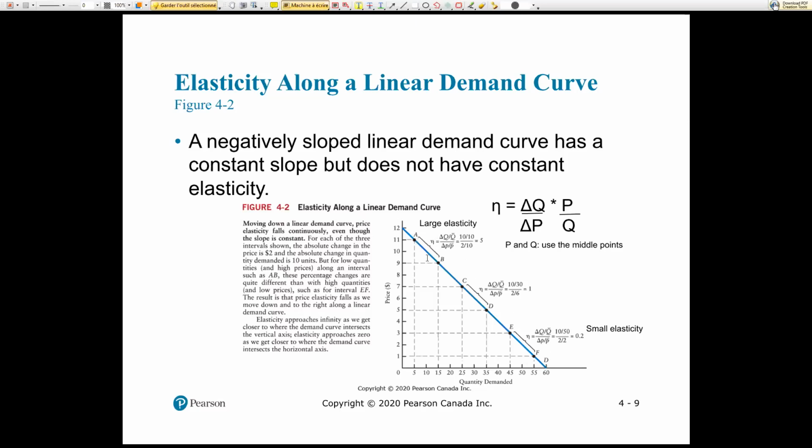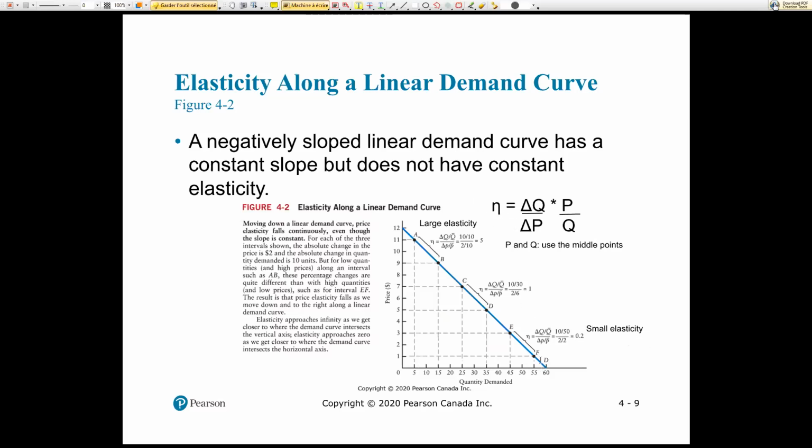All I'm saying is, if you have a linear demand, linear means that the slope is always the same. It looks like a line. So in that case, delta Q over delta P is the slope. It's the same value at every point. So it doesn't change. Then there's only one thing that changes along this line, and it's the relative value of P and Q. Here, price is high and Q is small, so P over Q is large, so the elasticity is large.